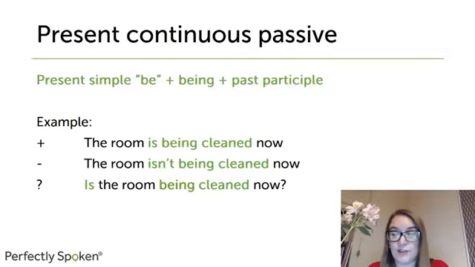Now is a good time to pause the slide and make a note of how you form present continuous passive. Good. Now we're going to practice. I'm going to give you the verb and 3 sentences that I want you to make using present continuous passive.